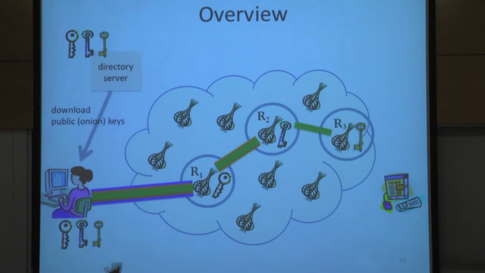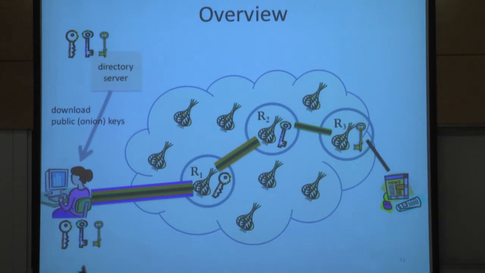So everything is encrypted there, and each of the routers strips out one layer of encryption. The actual communication that she wants to route is embedded in the innermost layer. Only R3 can see the end destination. So only R1 knows that Alice is the initiator of the communication, and only R3 knows what the destination is.